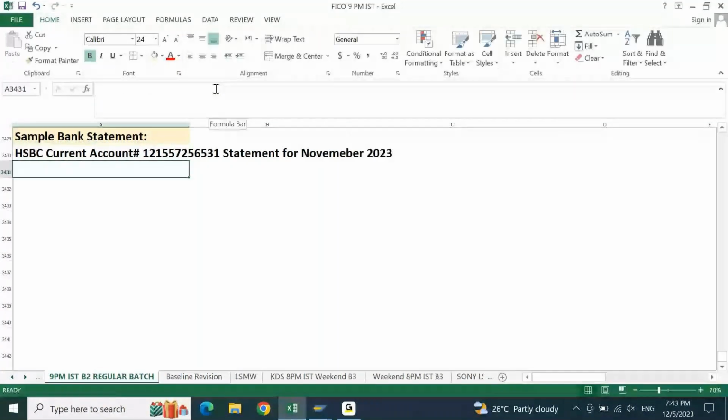We are assuming that we are taking an HDFC current account, some account number I have taken, statement for November 2023.